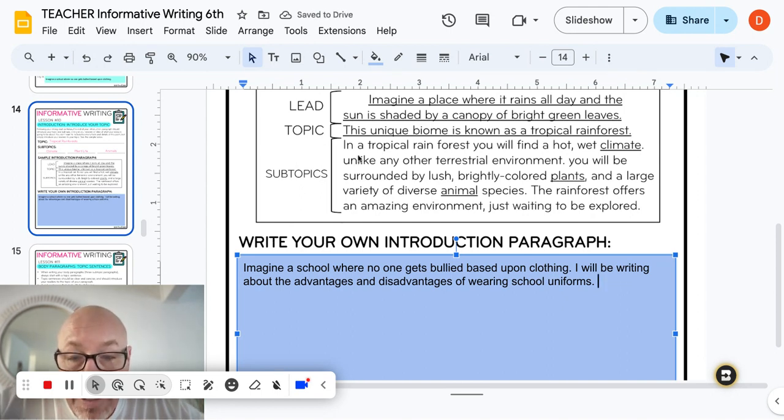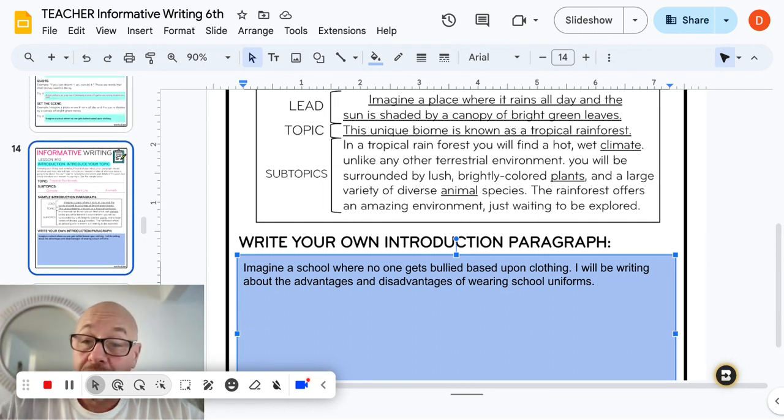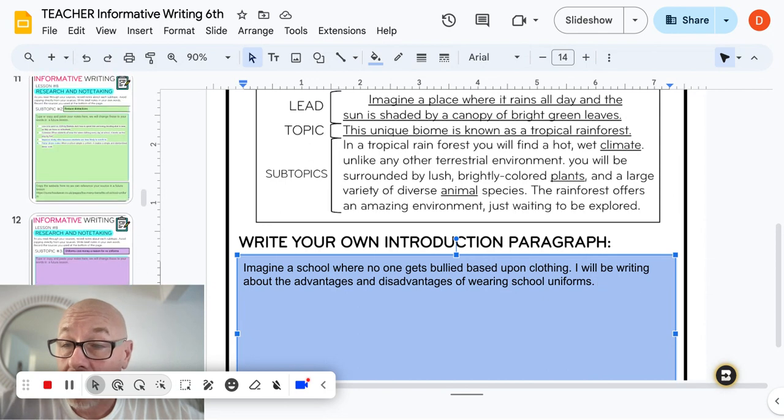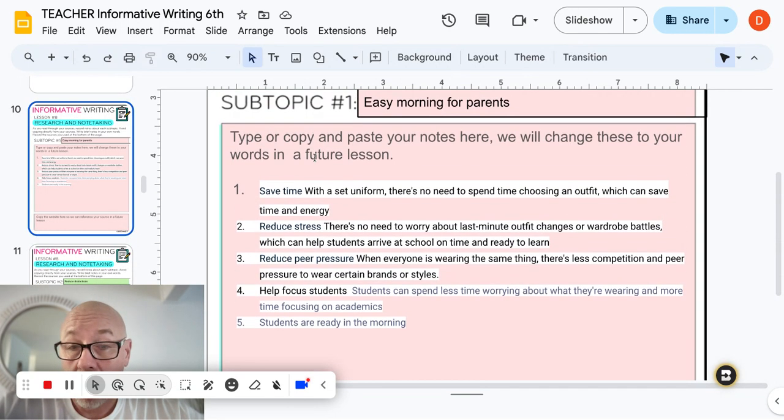Now I'm going to talk about my 3 subtopics. First, to keep everything going in order, the first subtopic I want to talk about is this one, because that was the first thing I wrote about. And that will be the paragraph, Easy morning for parents.